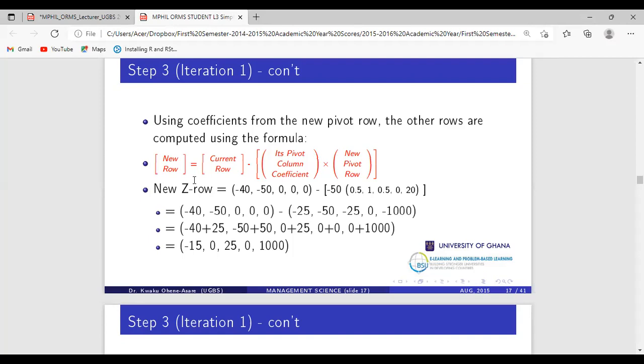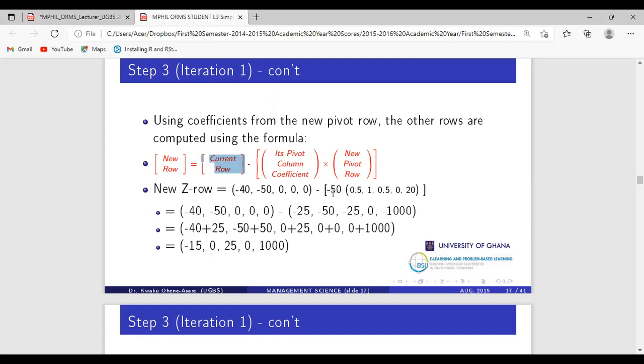Okay, so when we take the new 0, you realize that on that row we have -40, -50, 0, 0, 0. That represents the current row values, which is part of the equation. Then minus its corresponding column coefficient. When you take the pivot column on the 0, the coefficient there is -50.